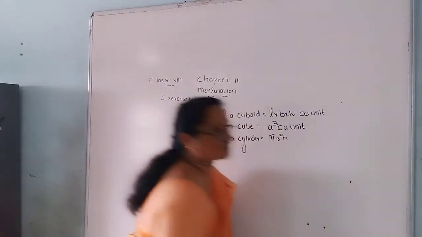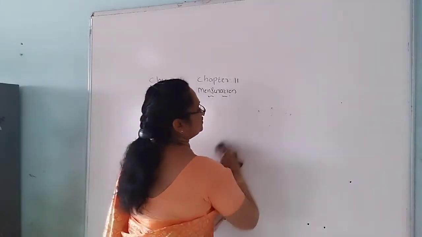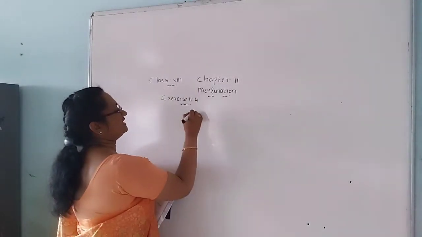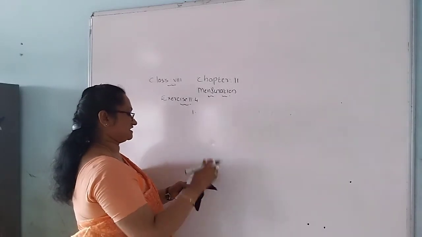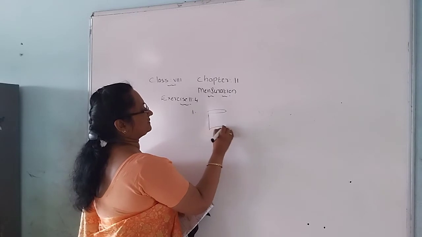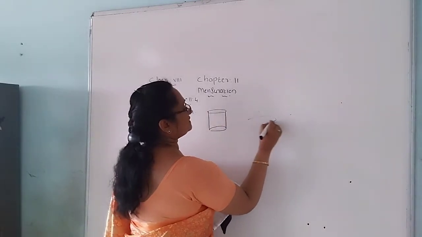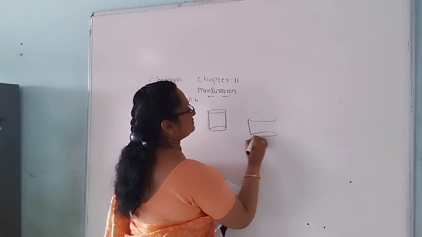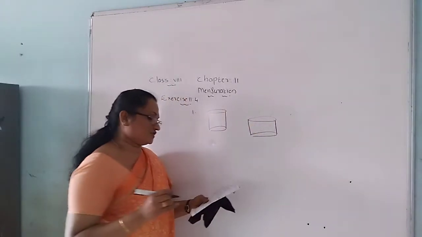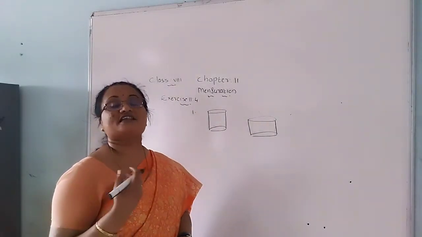Then we are going to discuss this type of questions here. 11.4, first question in that exercise. Two cylindrical shapes are given. The question asks to check which cylinder has the greater volume.